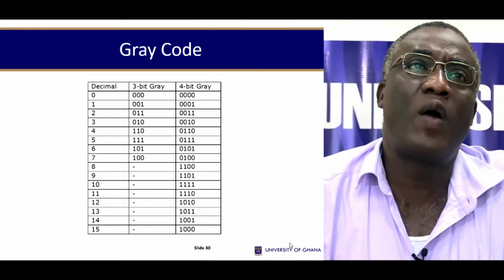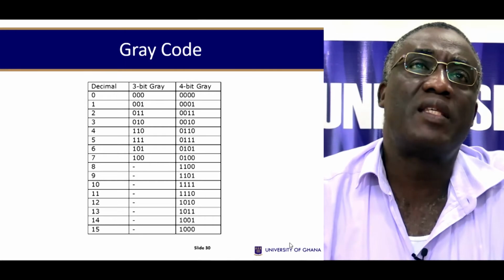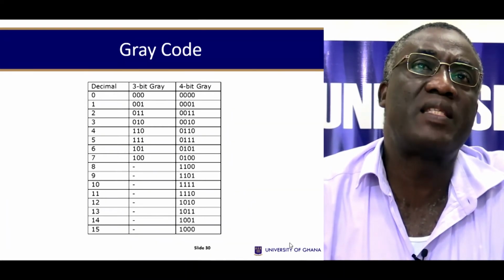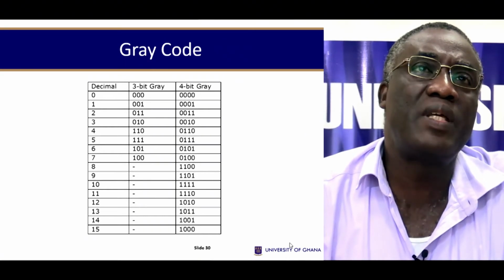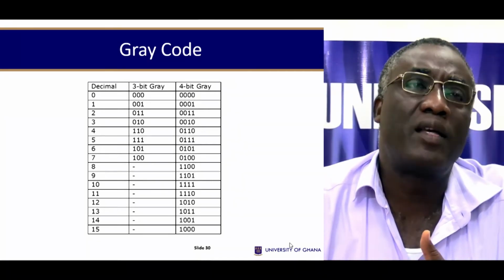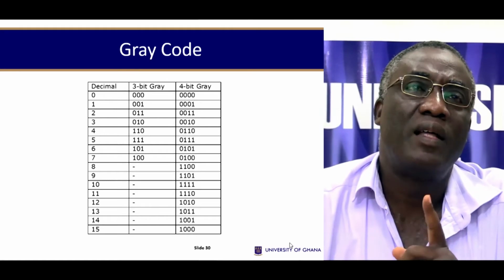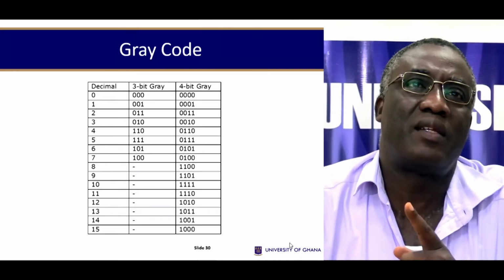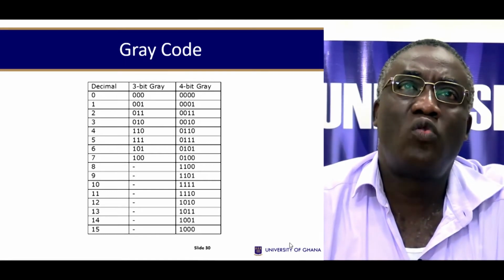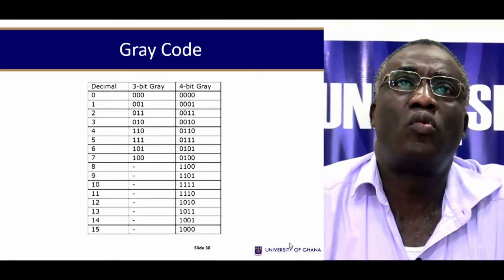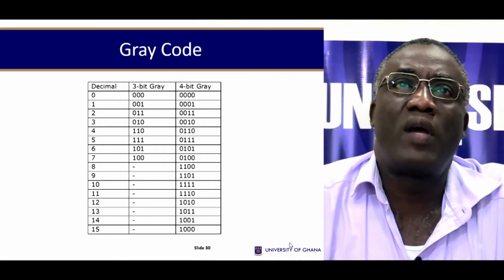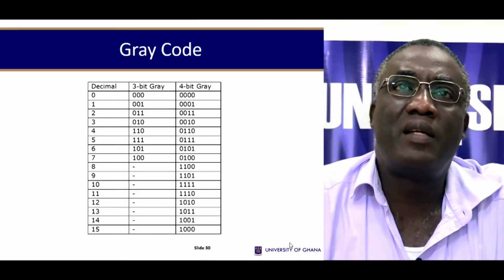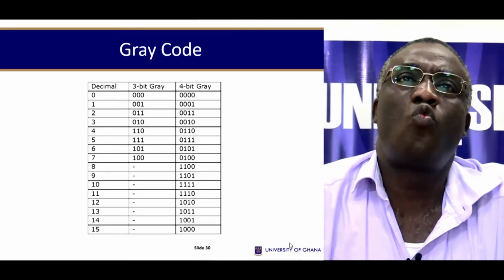So if you look at 1 and 2, it's only in one position that the bits differ. So in the gray code, as you move from one number to the other, there's a difference in only one position. If you look at the 4-bit gray code, for example, 0 and 1, there's a difference only in one position.